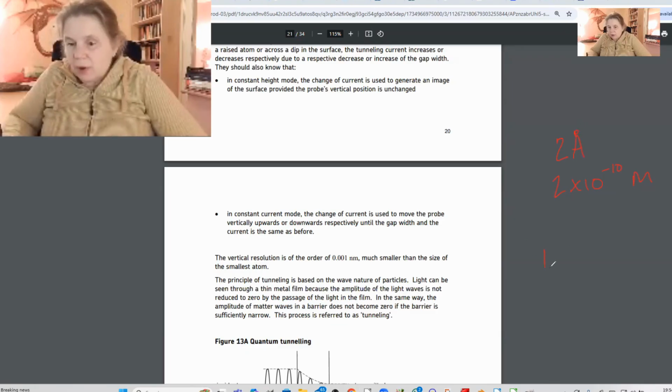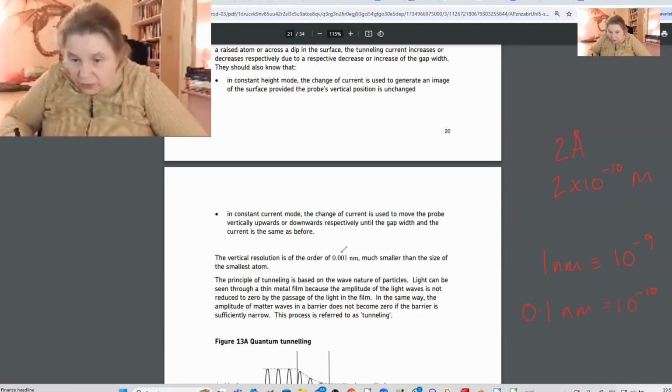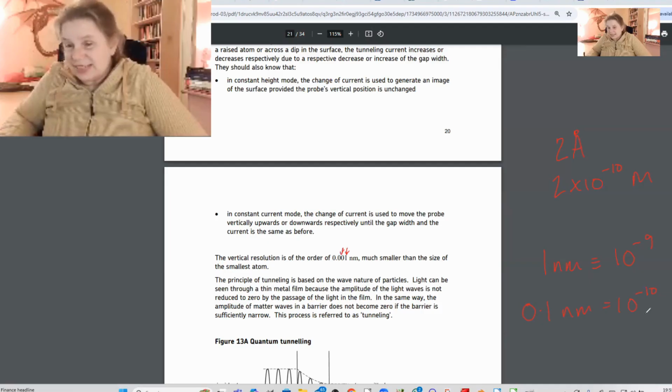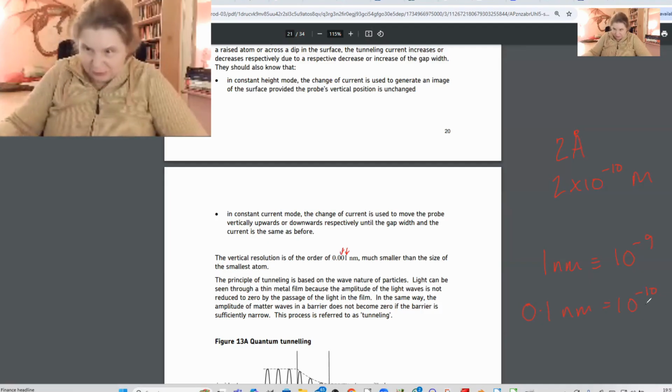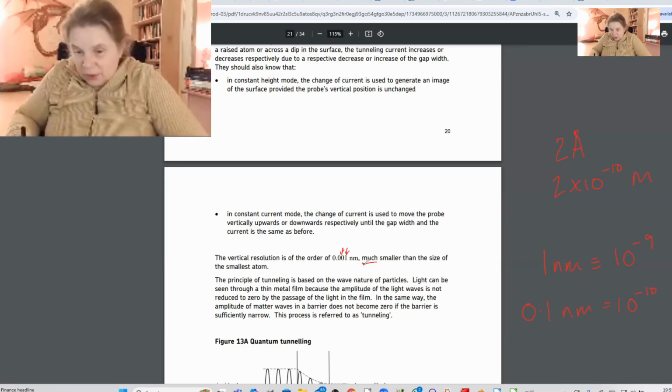Remember that 1 nanometer is 10 to the minus 9, so 0.1 nanometer is 10 to the minus 10. This means that that's 100 times more resolution than is needed to distinguish an atom. So it is much smaller than the size of even the smallest atom.